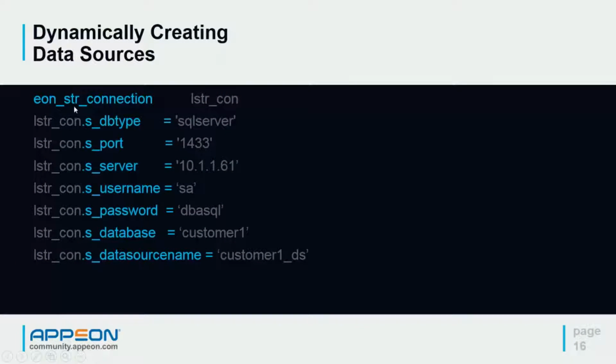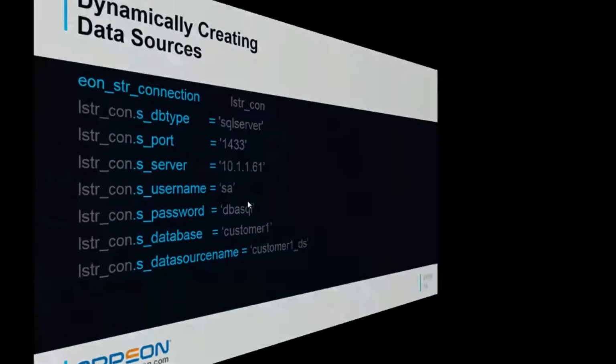In the structure Eon str connection, we basically need to input the DB type, SQL Server in our case, the port 1433, the server, the username and the password, the database that we are going to be connecting to, and the data source name. So this is how we can refer to that connection.